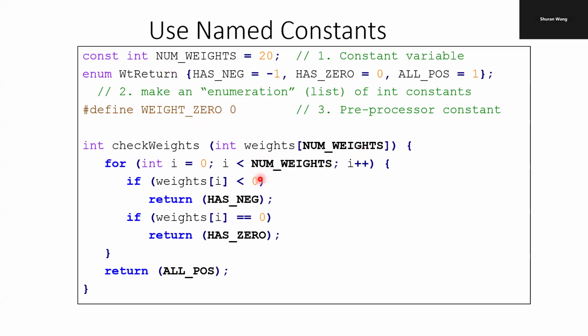The -1, 0, and 1 can be grouped together as constants because they are return values. You can use an enum of the return value type.